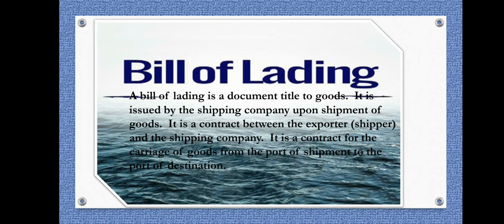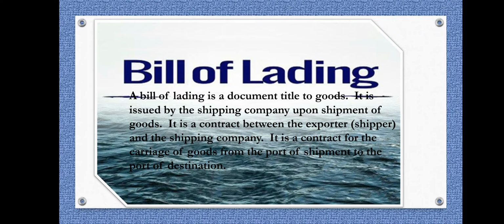Therefore, the shipping company is issuing the document. It is a contract between the exporter, that is shipper, and the shipping company. It is a contract for the carriage of goods from the port of shipment to the port of destination.